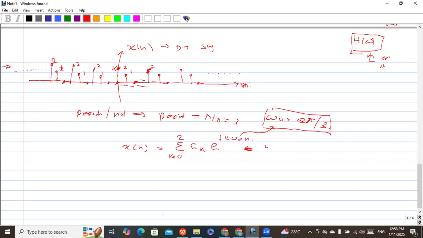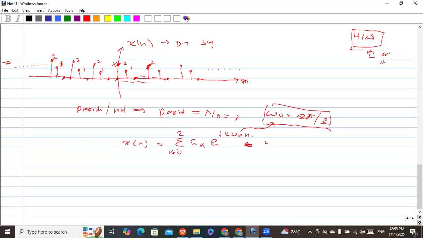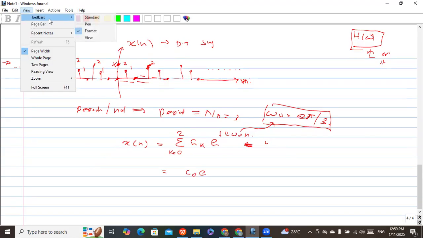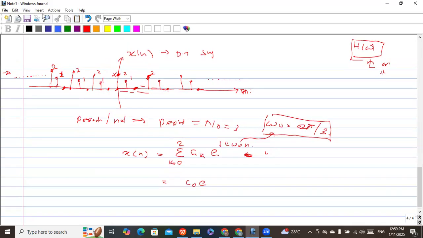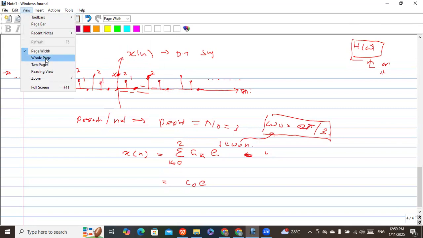If we expand this, if k is 0, you have c0 e to the power j times 0, so e to the power 0 will be 1.